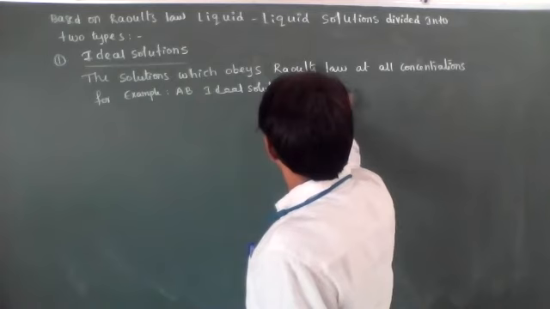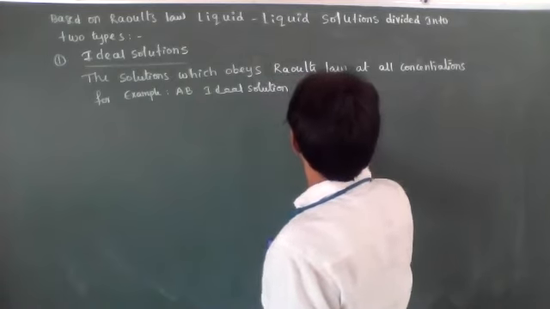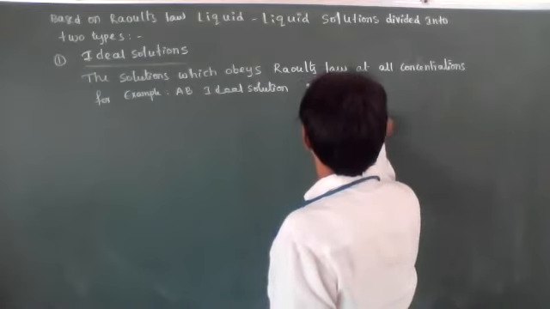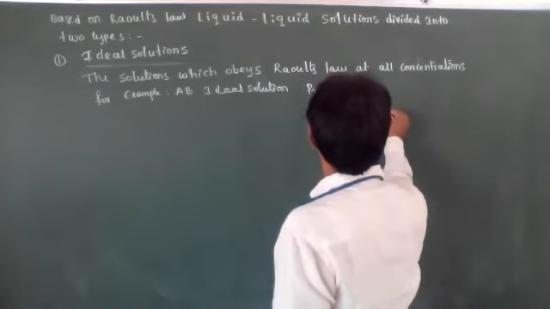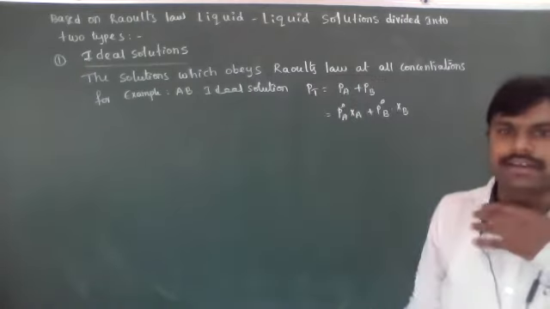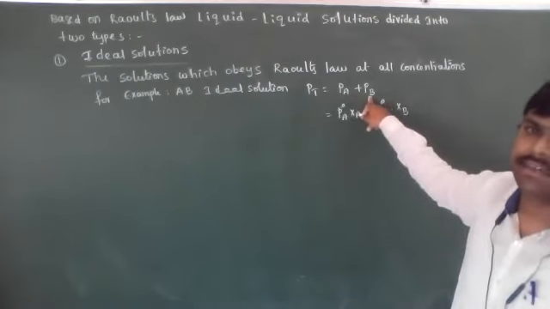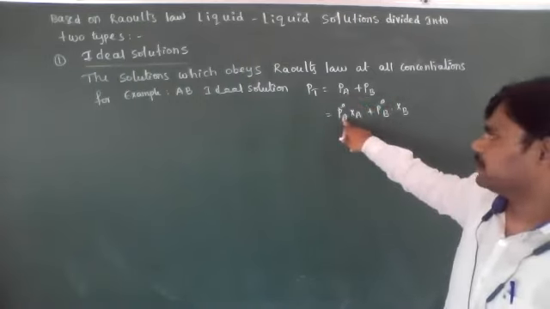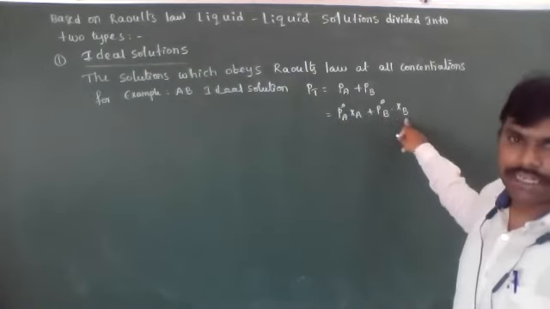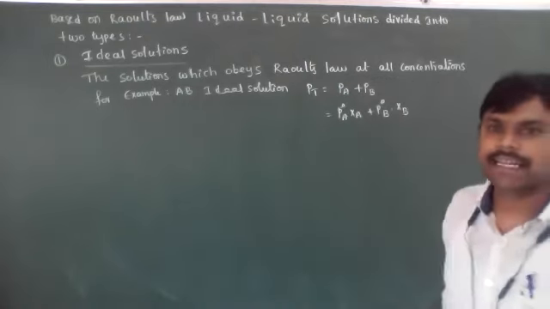P total is equal to PA plus PB, which is equal to P naught A into XA plus P naught B into XB. So the total vapor pressure is equal to the sum of the vapor pressures of A and B. The vapor pressure of A is P naught A into XA and the vapor pressure of B is P naught B into XB. Such solutions are called ideal solutions.